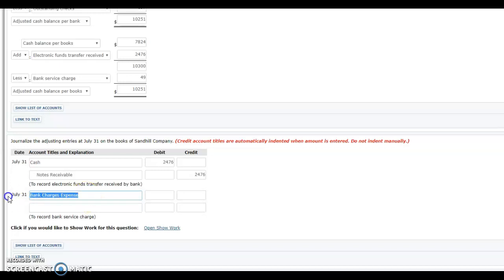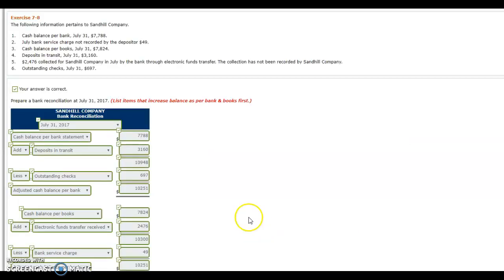Oh, I'm sorry. To do the bank service charge, we're going to do miscellaneous expense, and we're going to debit 49. And then we're going to credit cash for the 49.